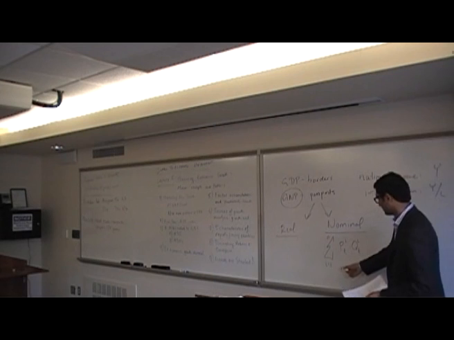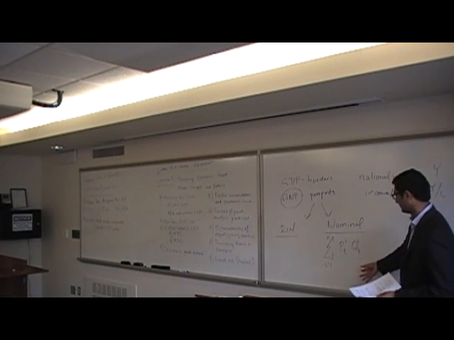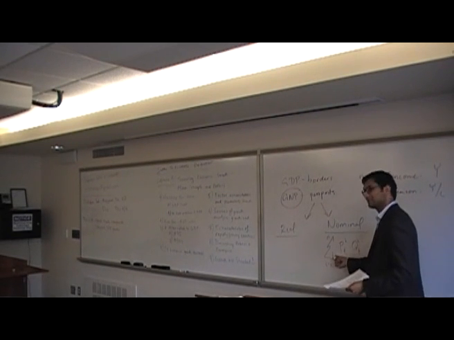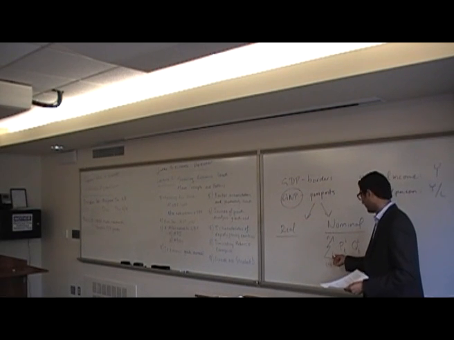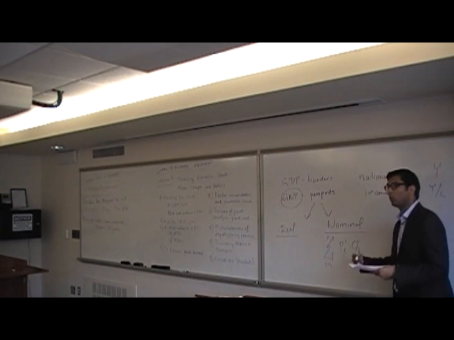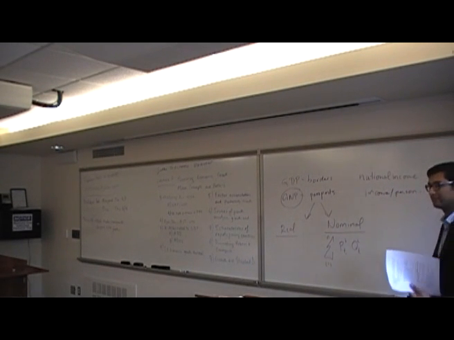So, the way we calculate the nominal GDP of a given territory, okay? We simply take the price of a good in that particular year, P_t^i, with i being just whatever good it is, and multiply it by the quantity of that good produced in that same year.